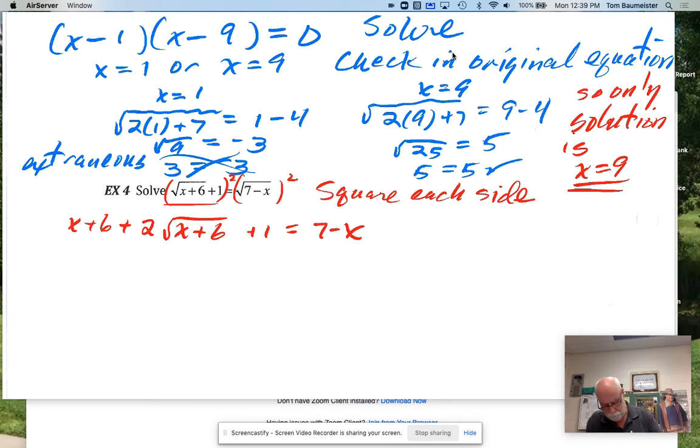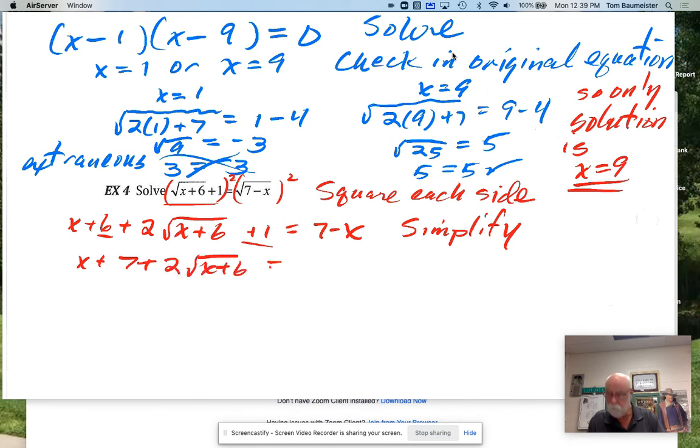All right, so now we're going to simplify. On this side here, I'll get x plus 7 plus 2 times the square root of x plus 6 is equal to 7 minus x. So again, like we said before, we're going to isolate the radical.